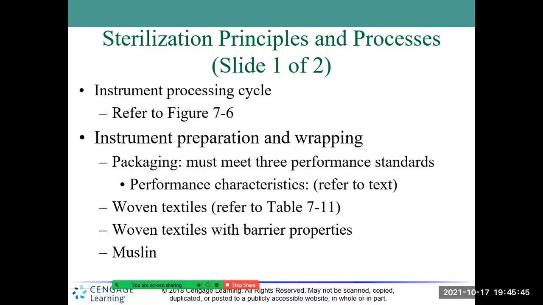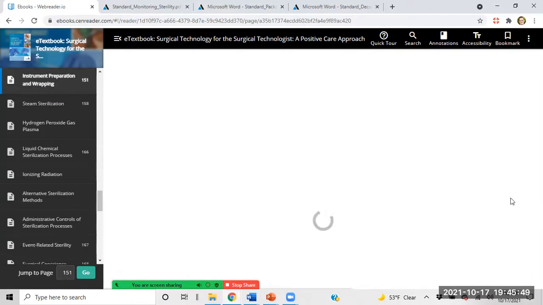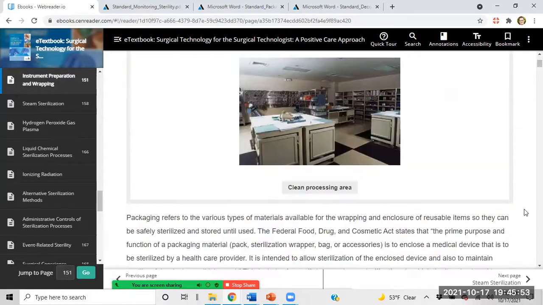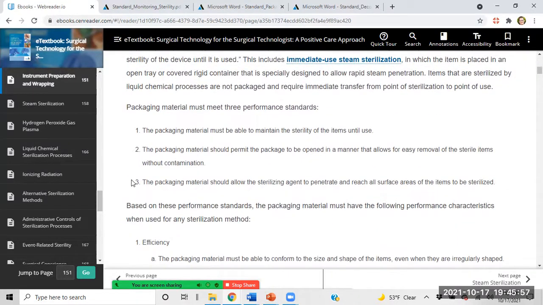And so packaging, let me get over there. There are 3 different characteristics of the wrapping we want to talk about. Here it is. So the packaging has to meet 3 performance standards. They must be able to maintain the sterility of the items until use. So once they're sterilized, they have to be impervious enough that that sterility will not be jeopardized.